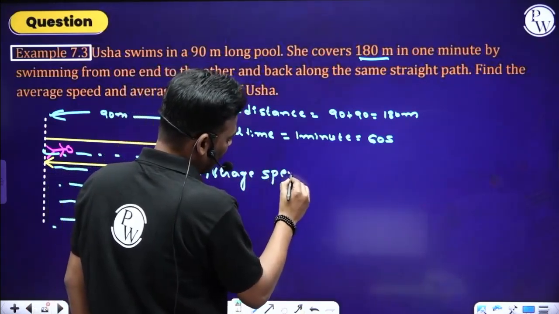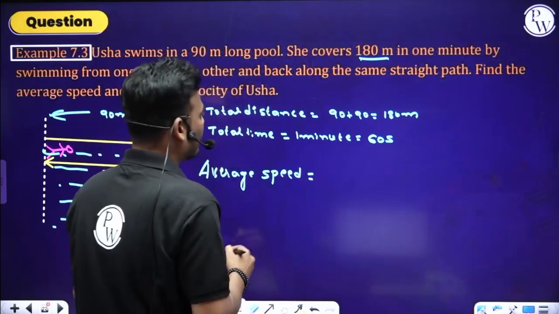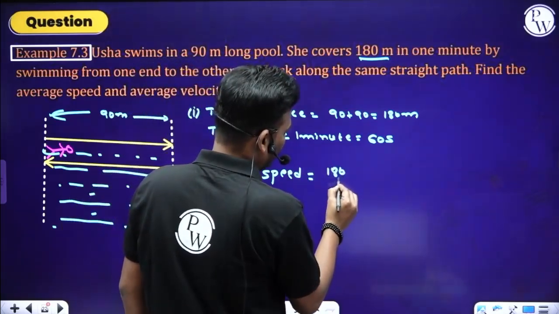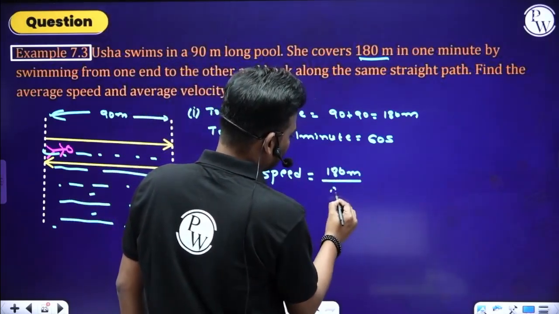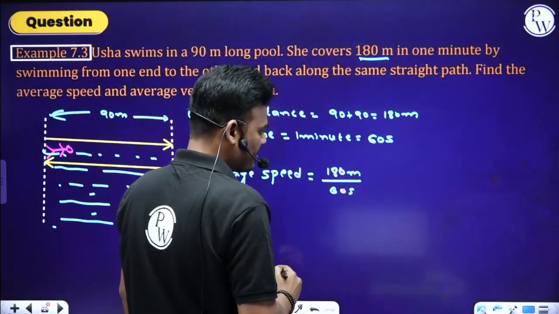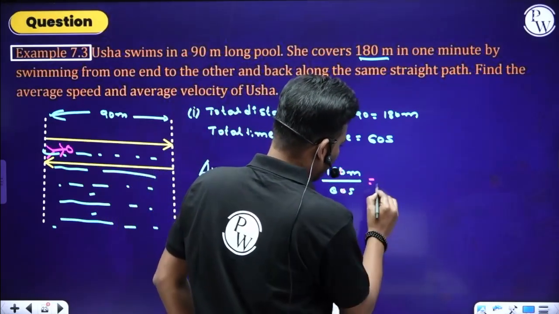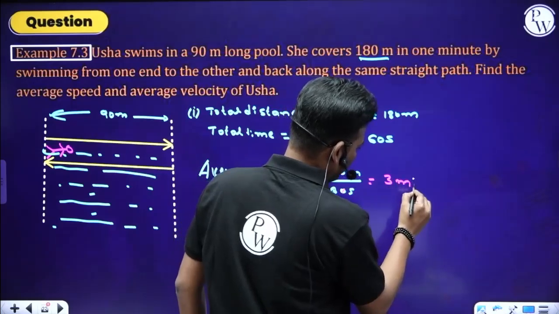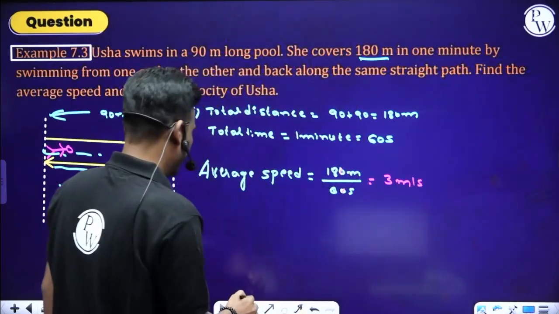Average speed is nothing but total distance, 180 meter, divided by 60 seconds. Here the 10s get cancelled, and 6 3s are 18, so 3 meter per second. Average speed is done.